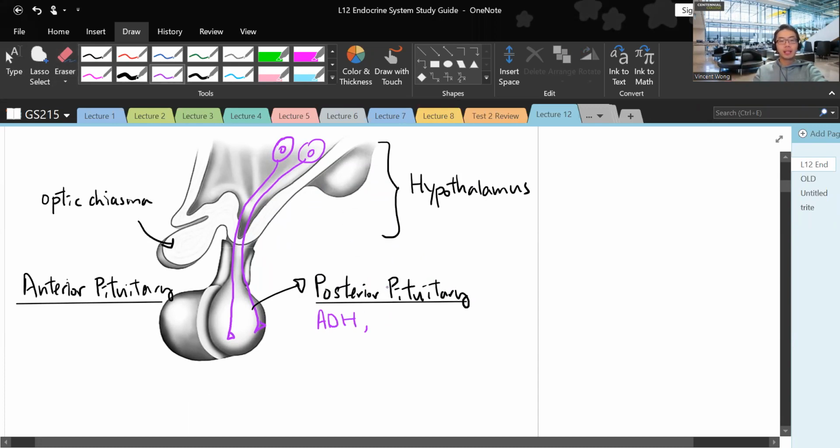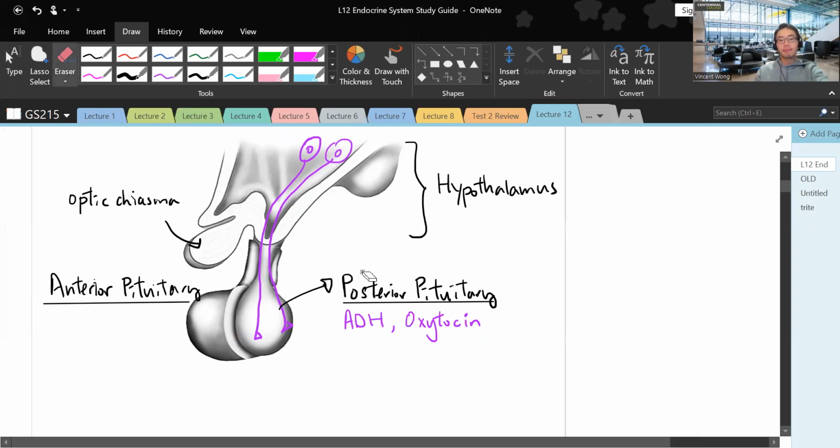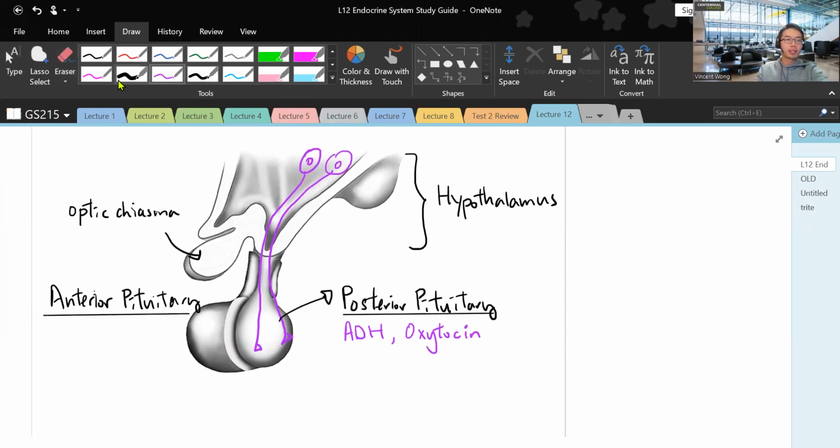And the second one that is made in the hypothalamus, but stored and released from the posterior pituitary gland, is the oxytocin. Oxytocin. Okay, and that's for uterine contraction during labor, as well as for the letdown of the milk during nursing. So that's it. Those are two hormones from the posterior pituitary gland. They are stored and released from the posterior pituitary, but they're actually made in the hypothalamus.